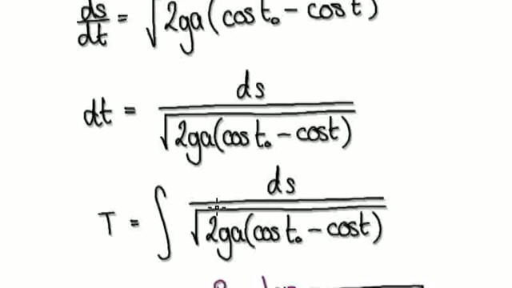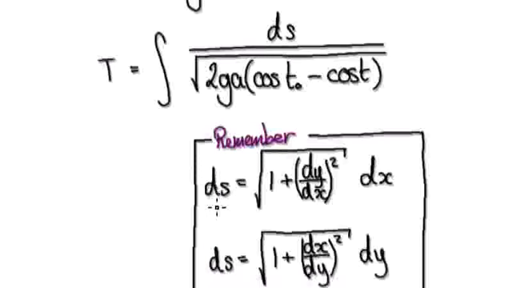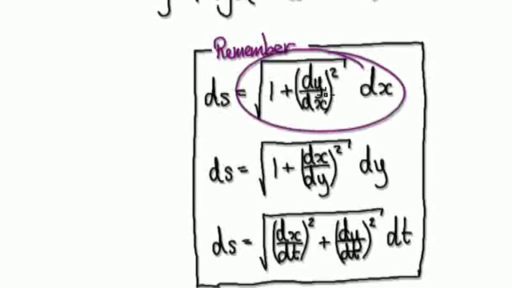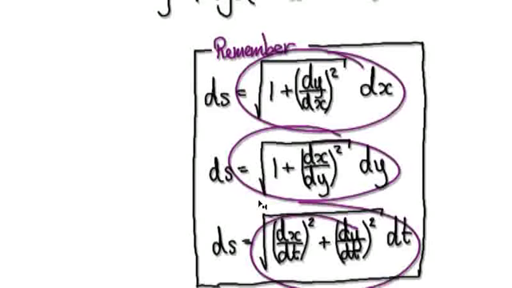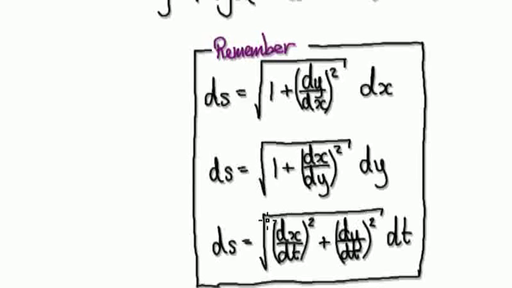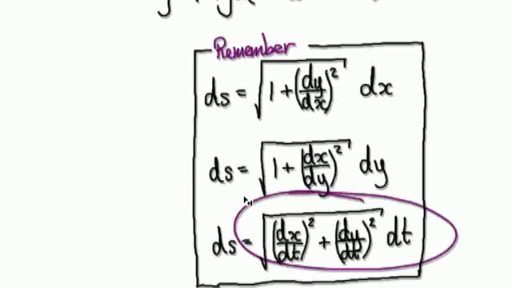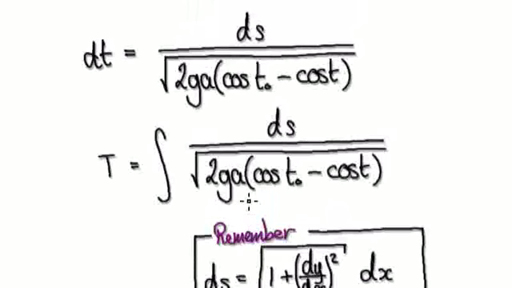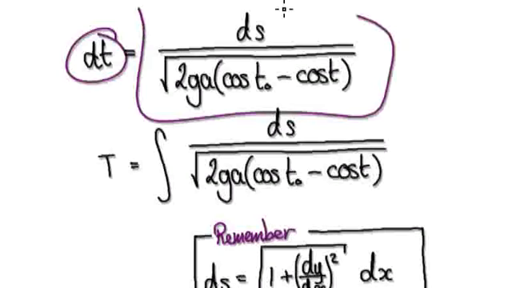Now remember we need to replace this ds. Remember the formula for one element along the actual path is given by this or this or this. So we are going to make use of this. dt equals this thing here.